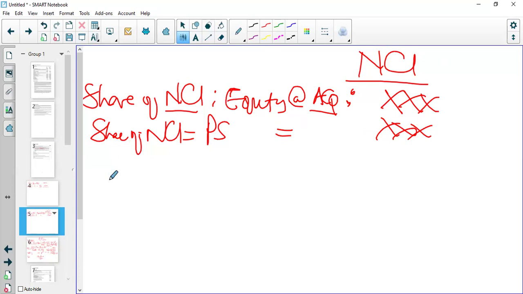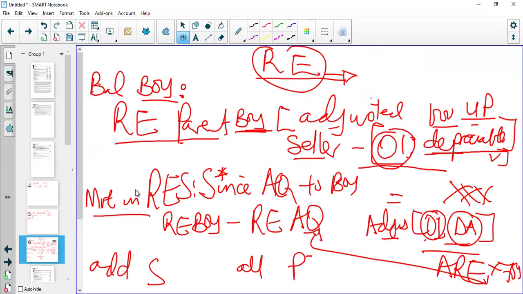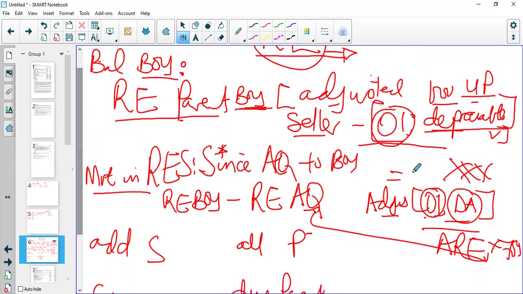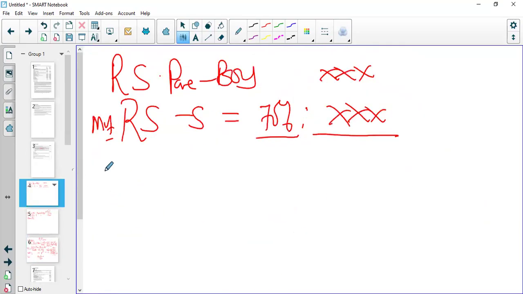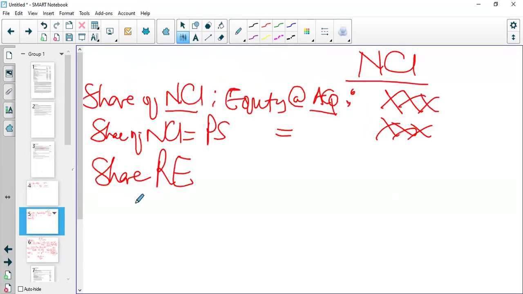Then we can also have a share of the retained earnings, the same retained earnings we calculated here, where we say they have to be adjusted for opening inventory or depreciable asset unrealized profit. Then on the adjusted retained earnings, the NCI will have its own share. So it will have a share of the adjusted retained earnings of the subsidiary.